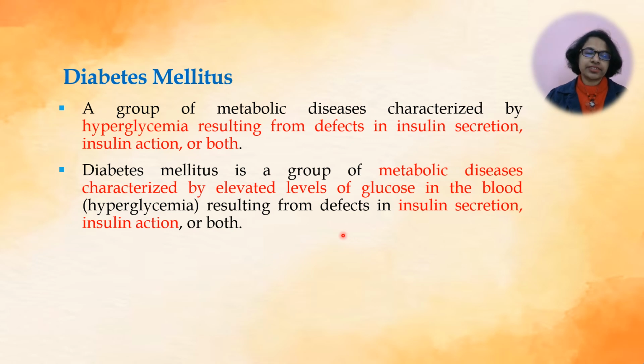So what is diabetes mellitus? It's a group of metabolic diseases characterized by hyperglycemia resulting from defects in insulin secretion, insulin action, or both.